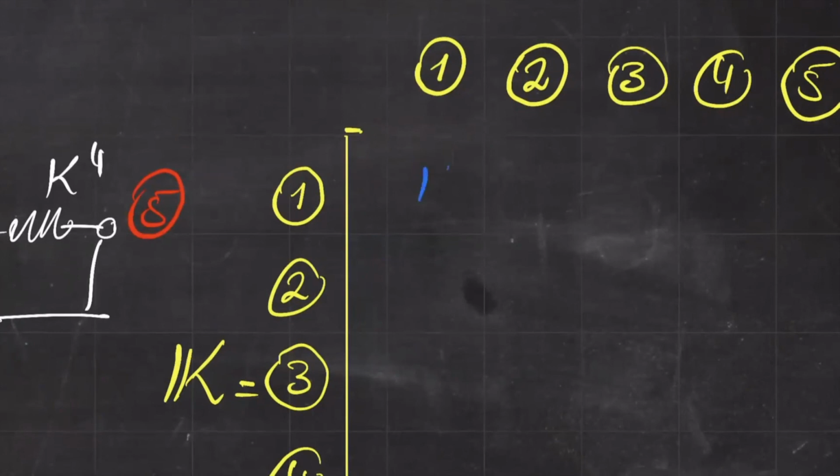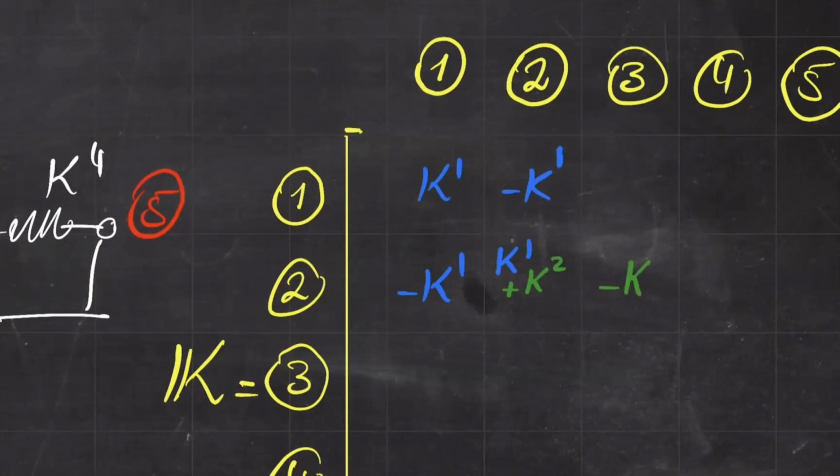So we have K1 minus K1 minus K1 and K1. But now on node 2, we also have K2. So we have plus K2. And then between node 2 and 3, you had plus K2, again minus K2, minus K2, and K2 here.